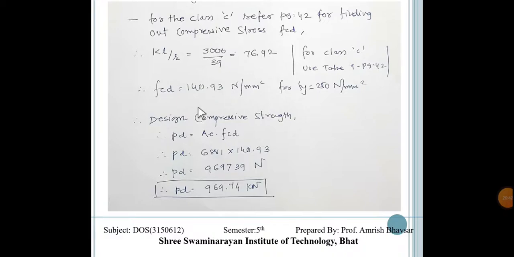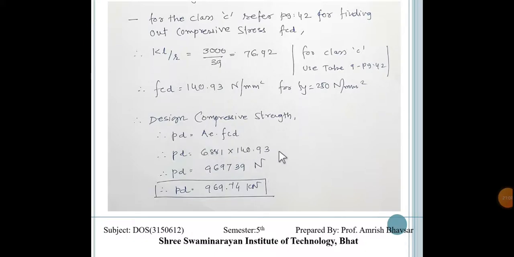But it is applicable only when our load is applied concentrically. So, dear student, after getting the FCD, we can calculate the design compressive load, that is PD is equal to A into FCD.